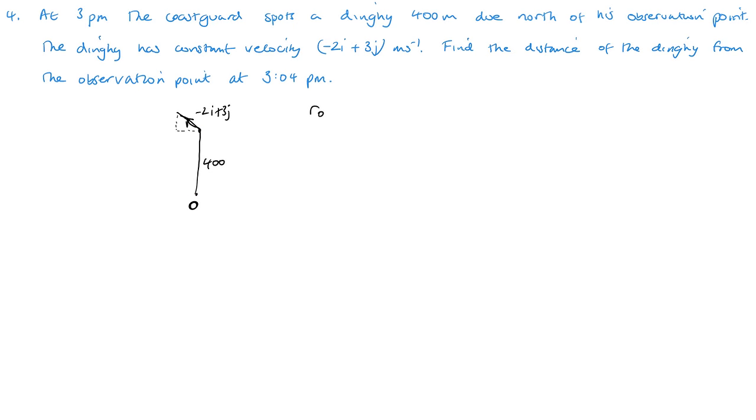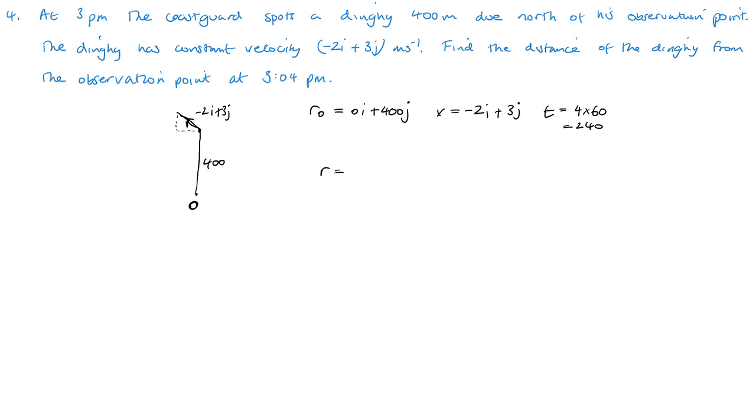So r0 is 0i plus 400j. Its velocity is -2i plus 3j. And then the time is 4 times 60 for that in seconds, so 240.